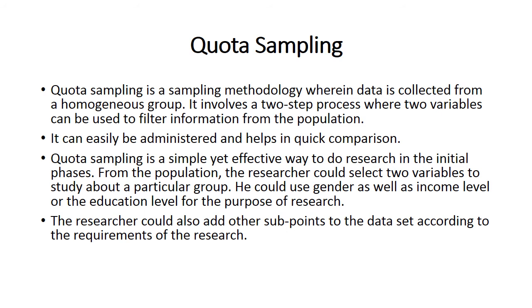In this case, through quota sampling, the researcher can conduct interviews of all the scooter owners and cast out non-Bajaj scooter owners until the quota of Bajaj scooter owners is filled. The researcher could also add other subpoints to the data set according to the requirement of the research. So this is all about quota sampling.